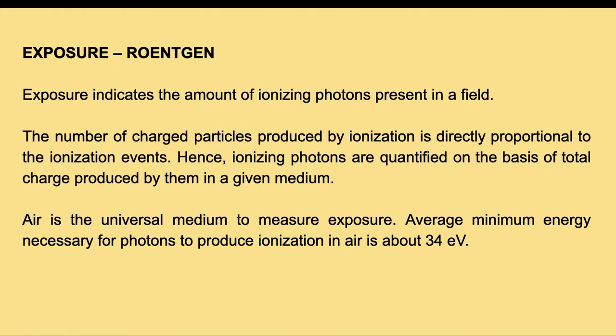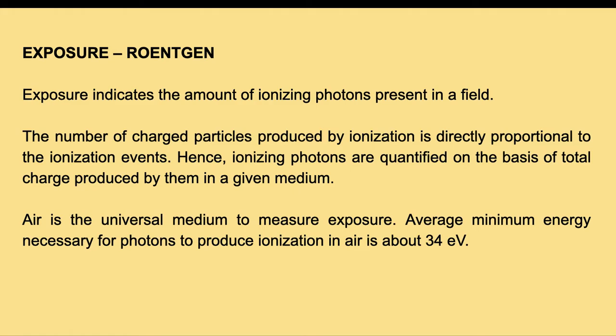And the initial definition was you will consider a point and you will consider the unit volume around that. Then we have changed that to unit mass around that. And the number of charged particles produced by ionization is directly proportional to the ionization events.